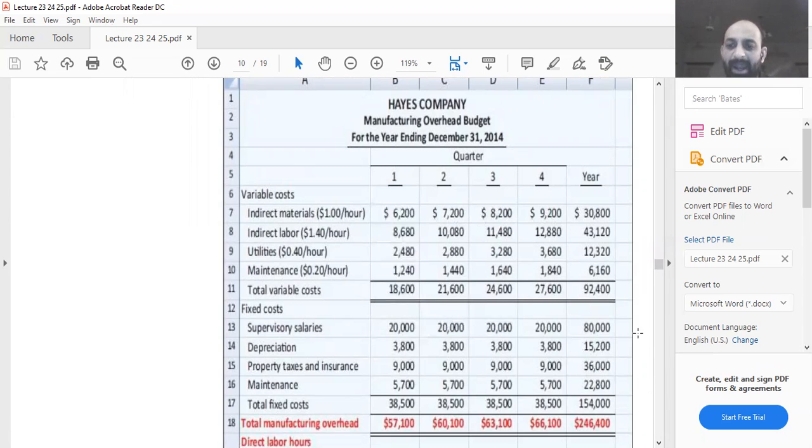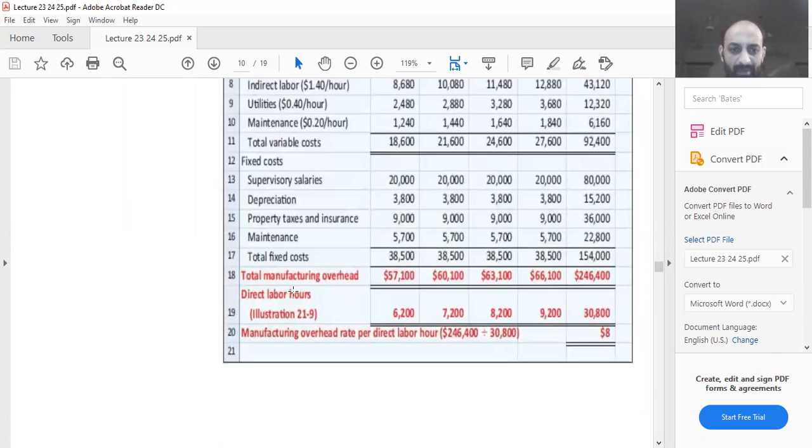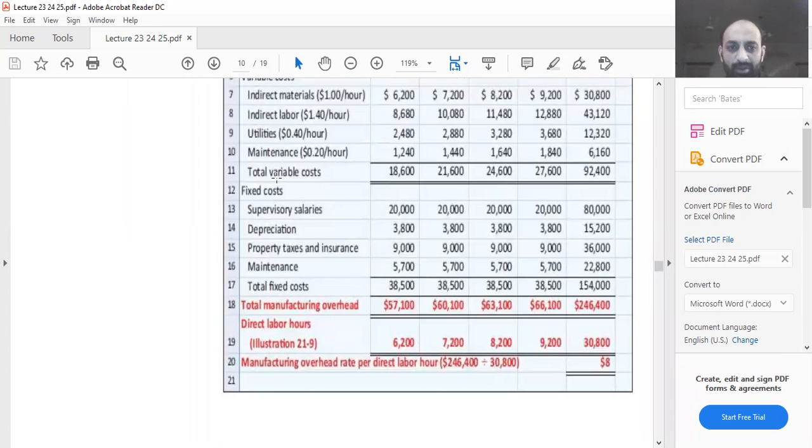So in this, we add the fixed cost using the assumed data. So supervisory salaries are 20,000, depreciation, property taxes and insurance, maintenance. So this way we get the total fixed cost. And when we add these total fixed costs to the total variable cost, we get the total manufacturing overhead.